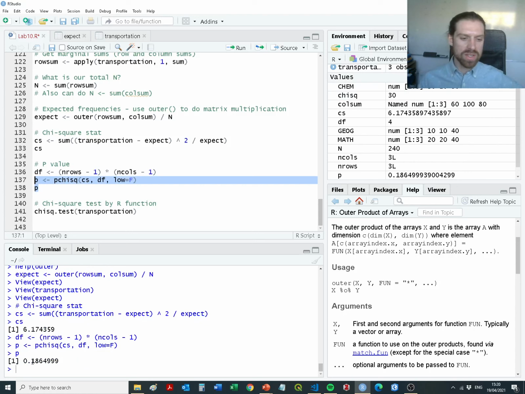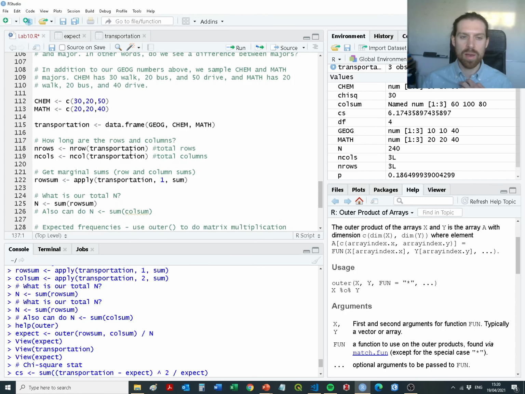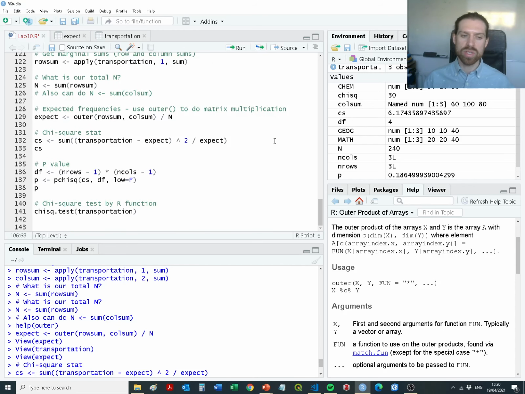When we do that, we get 0.18. So we don't get a significant finding in this particular case, which basically means that we don't have enough information to reject the null hypothesis, which means we retain the null hypothesis, and that we don't see any difference across majors in terms of the transportation patterns.